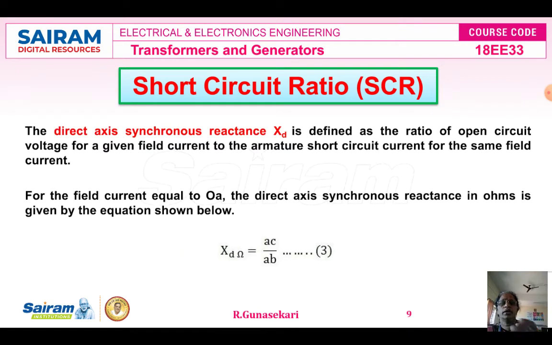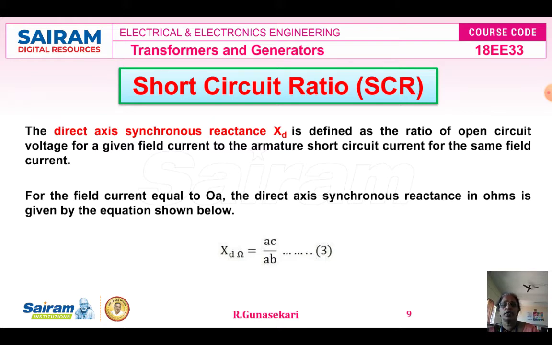Now we already know the direct axis synchronous reactance XD. XD is nothing but the open circuit voltage for the given field current divided by the short circuit armature current for the same field current. This is the synchronous reactance along the direct axis, XD.